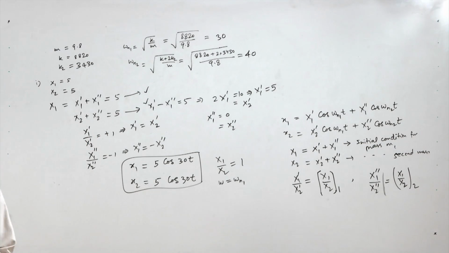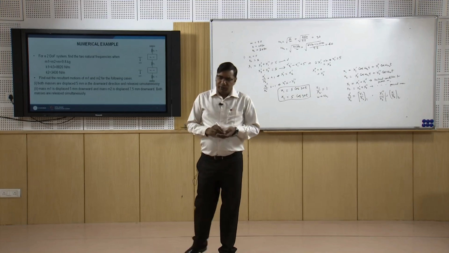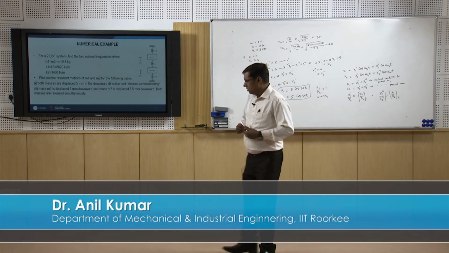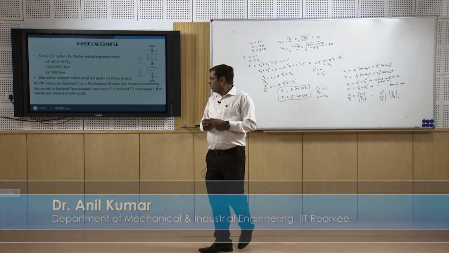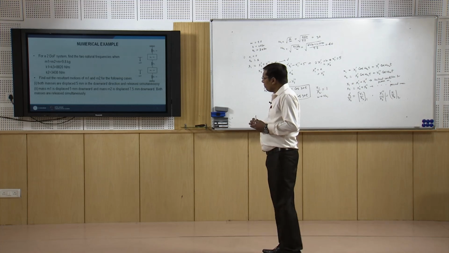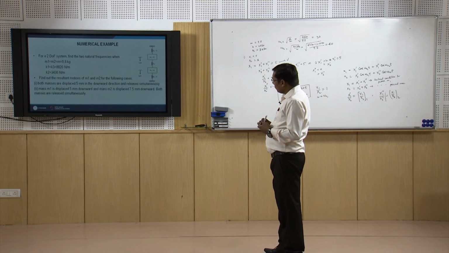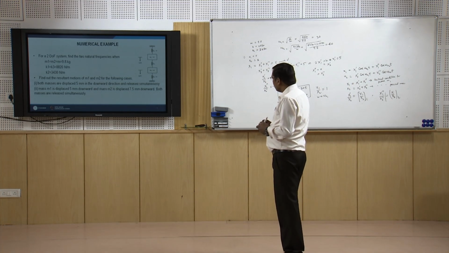Now we take a second case, when there are unequal initial conditions. So we have the second case when mass m1 is displaced 5 mm downward and mass m2 is displaced 7.5 mm downward.